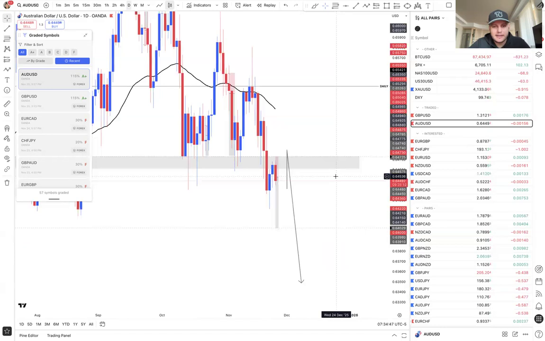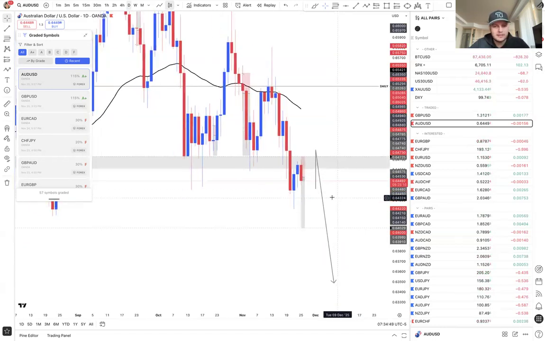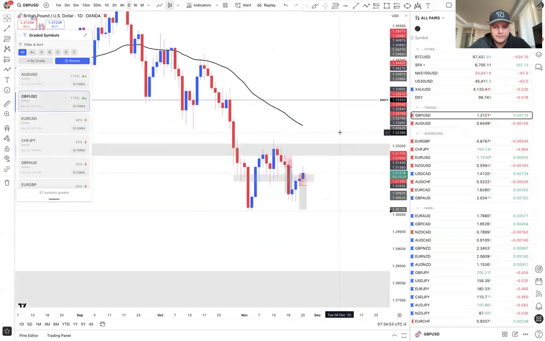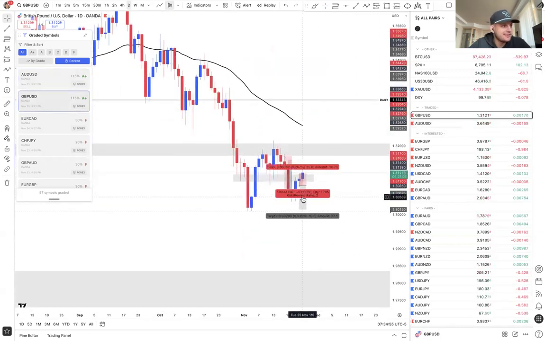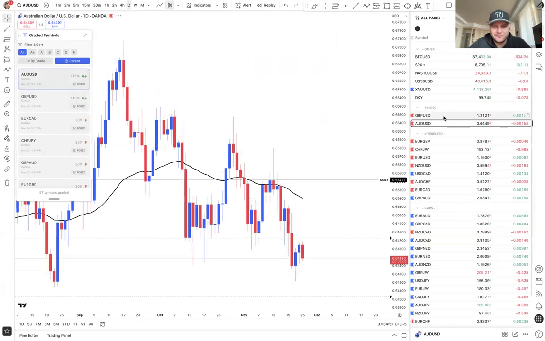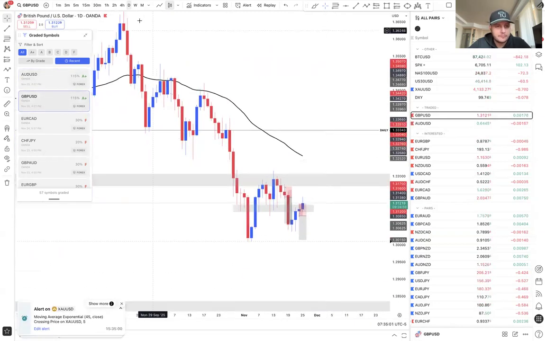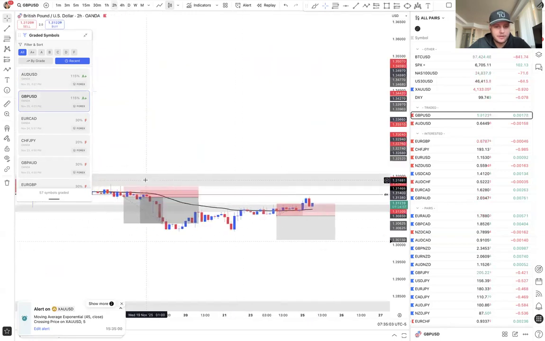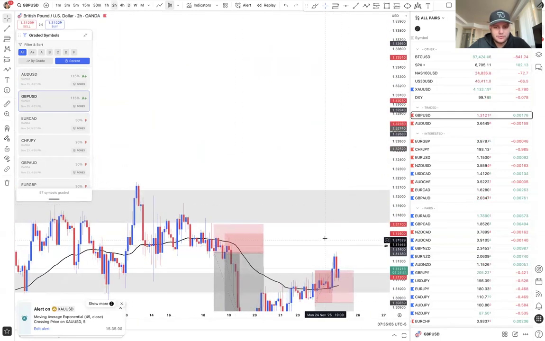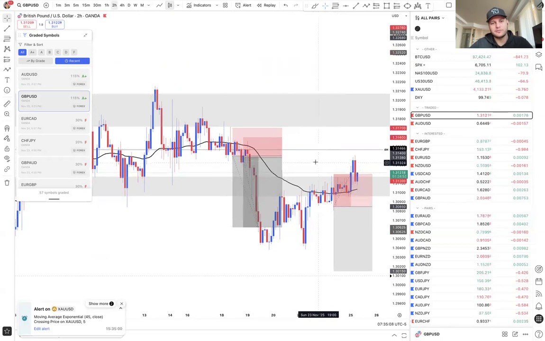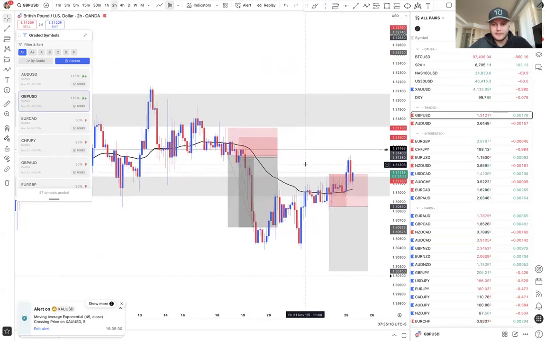If you're not in the trade yet, just be patient, I'd say. Maybe wait for the daily candle to close for both. If we get a proper rejection, then we might be able to enter another position, similar to the way we did over here, where we were able to capitalize off of this move two separate times.